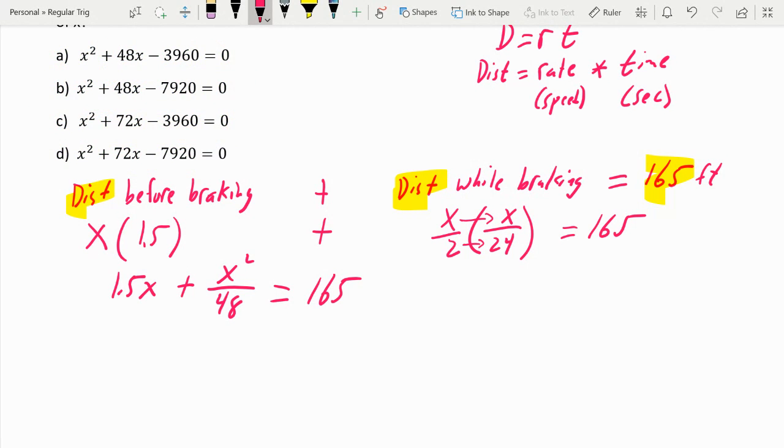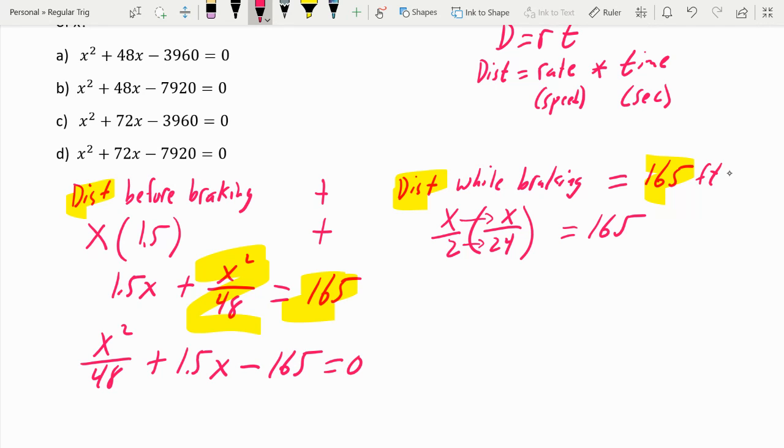So we're going to do a little bit of algebra. First, let's move that to the other side so that we can get it equal to 0, and let's move the x squared to the front because we want it in standard form. We have x squared over 48 plus 1.5x minus 165 is equal to 0.